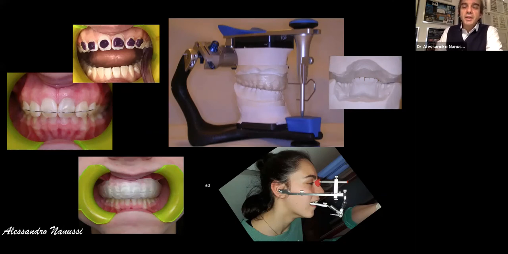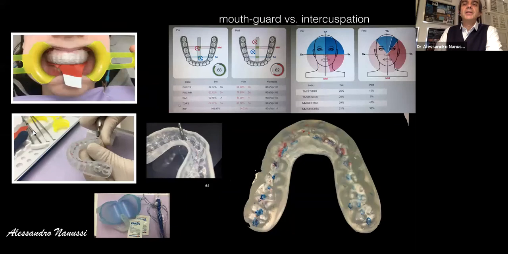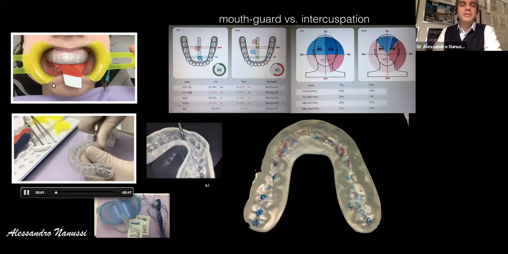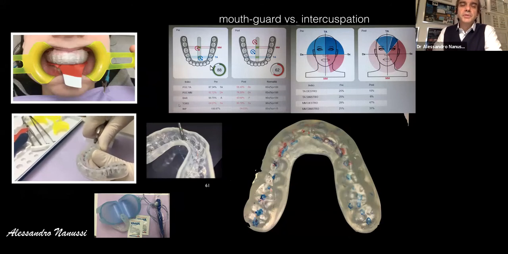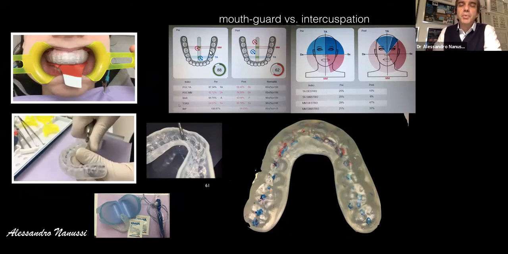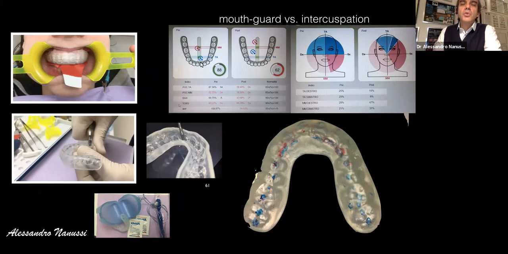So she immediately needs a mouthguard to protect the tooth, but I also need my mouthguard to protect muscular activity. So we check muscular activity with the occlusal paper, but also with the splint. It's interesting to see that the splint creates a good occlusion.